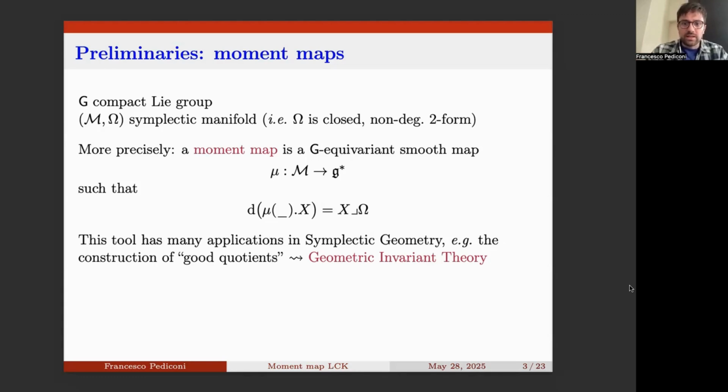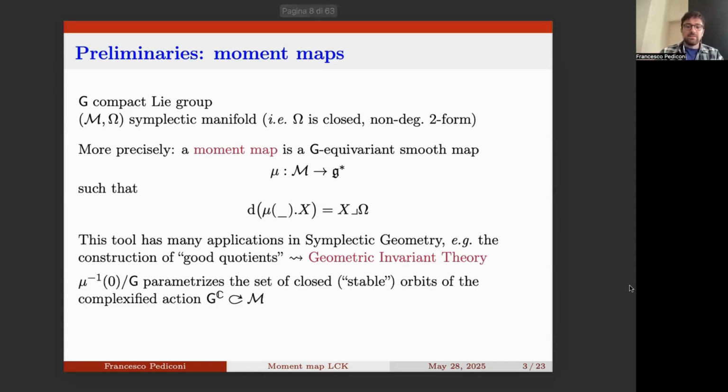The link between the moment map in symplectic geometry and the possibility of taking good quotients in the geometric invariant theory framework is given by the fact that whenever you have a moment map, you can consider its zero level set.